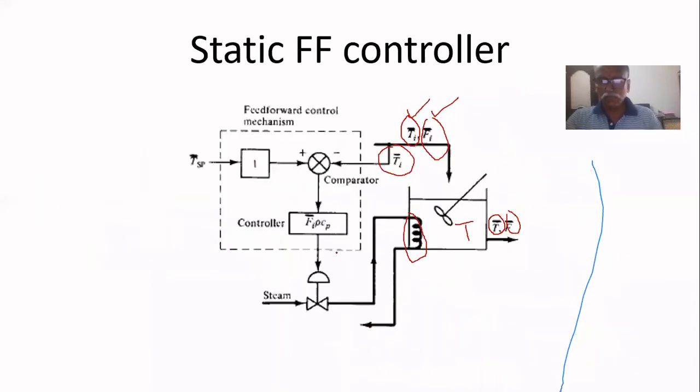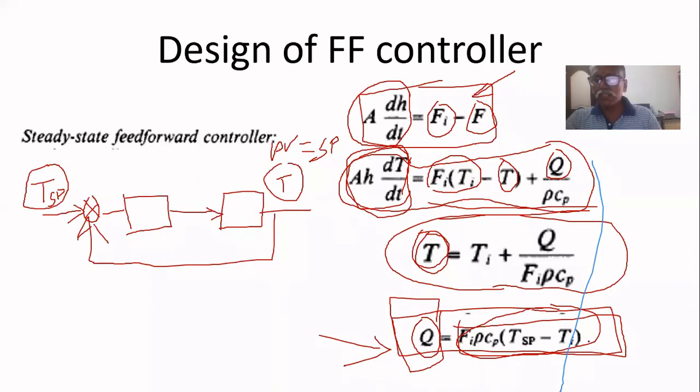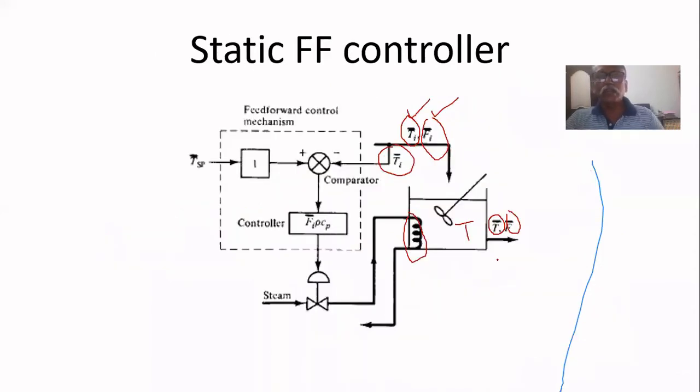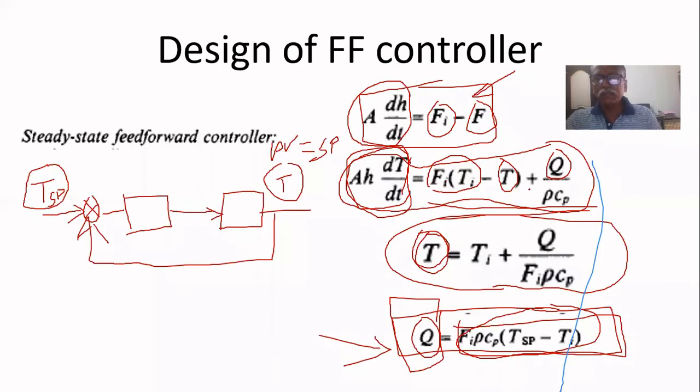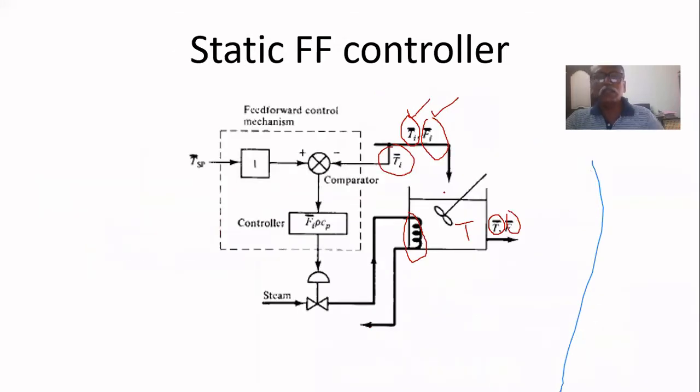What is the first thing we want? T set point minus Ti is required. Sorry, Ti, not T. We are designing a controller for inlet temperature. What is the inlet temperature? A temperature transmitter gives that to the controller.